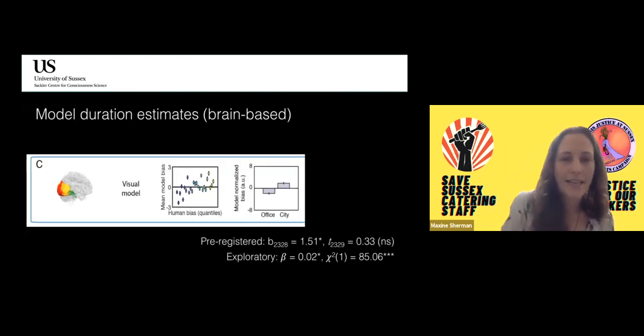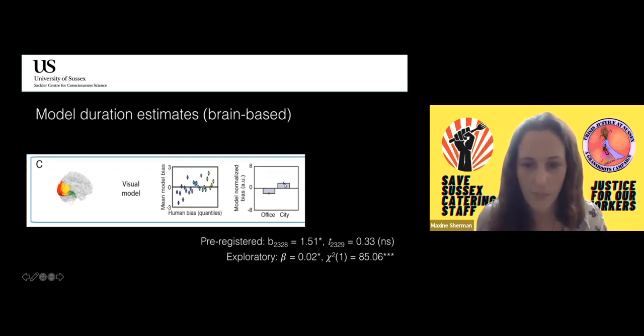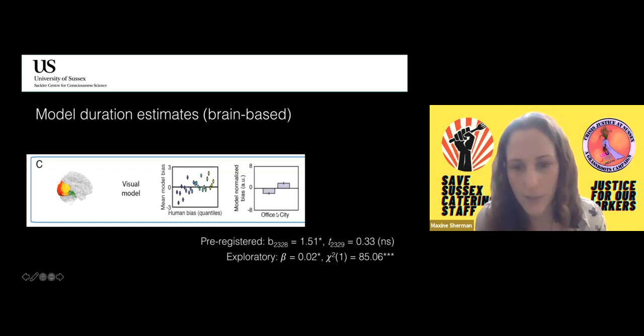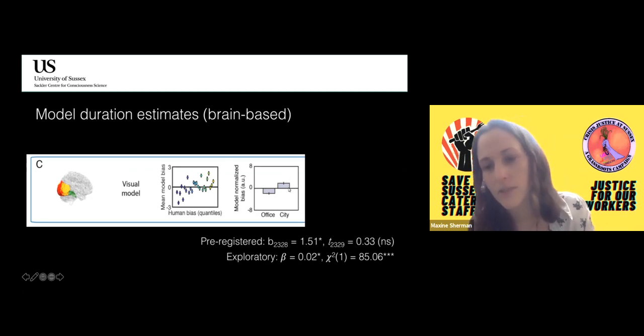Okay, so looking at the visual cortex results. These images are representing data from our exploratory measure. And what you have, just like every slide before, is duration estimates constructed just from human BOLD in visual cortex. It generates estimates that are longer for city scenes than office scenes.